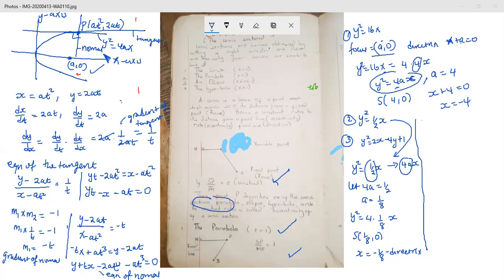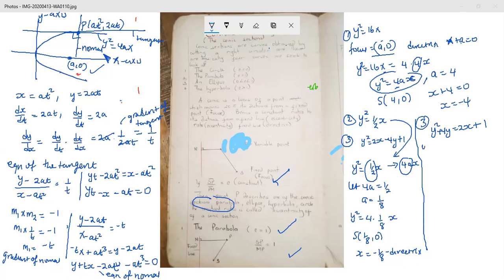Then for number 3, it requires you to have y squared, for example, plus 4y is equal to x plus 1. Now, this side, how do you simplify it?